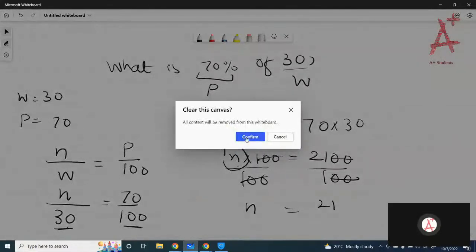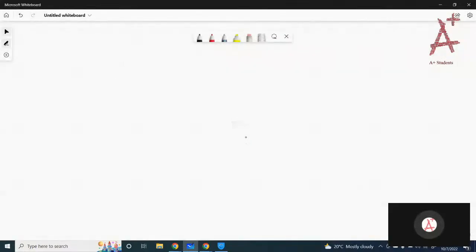Okay, the next one is you have to find 10% of 60. So 10% is actually the part of the 60. So which is the whole number here? 60 is the whole number and 10 is the percent.